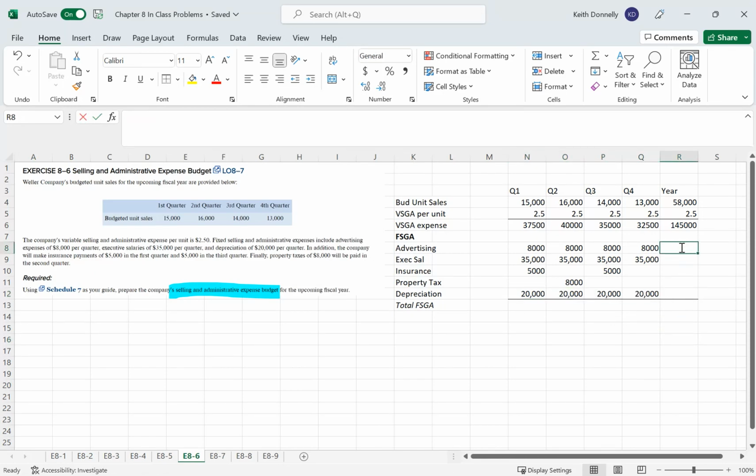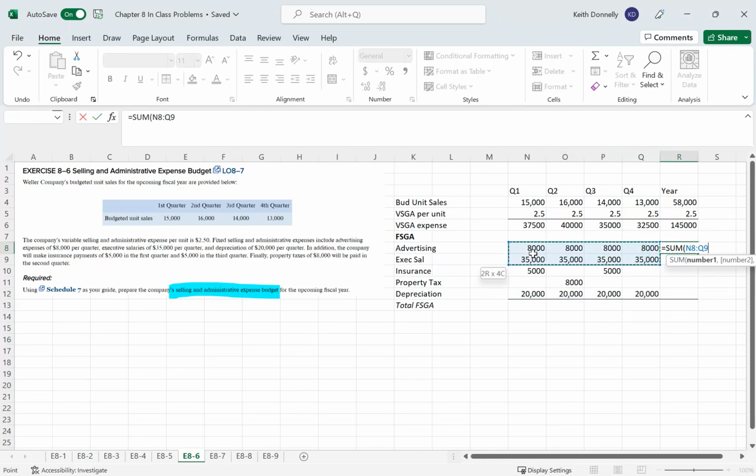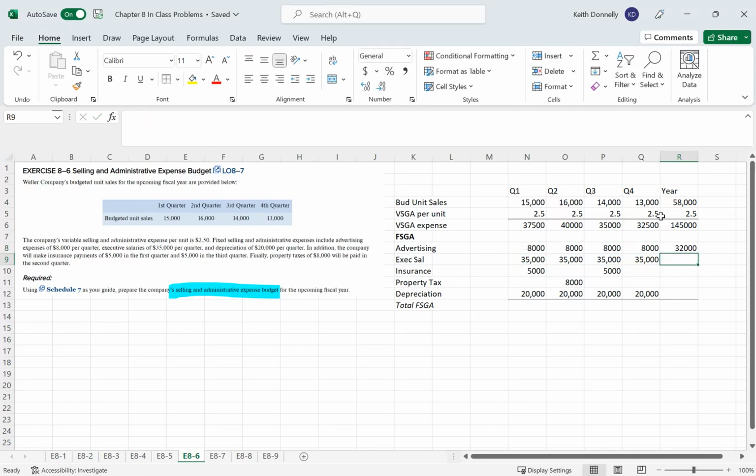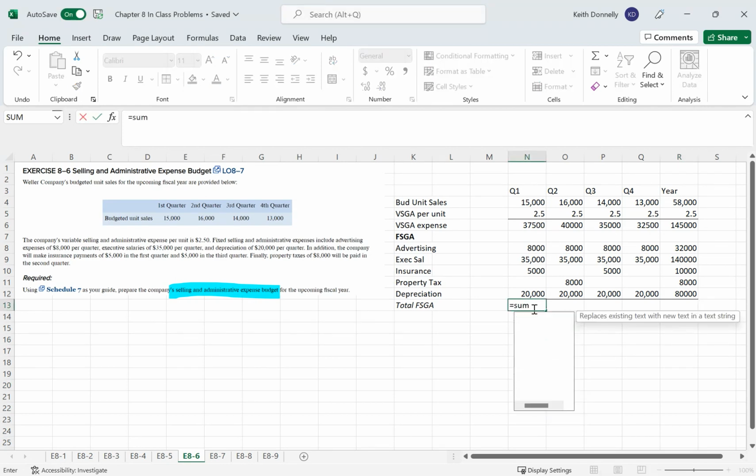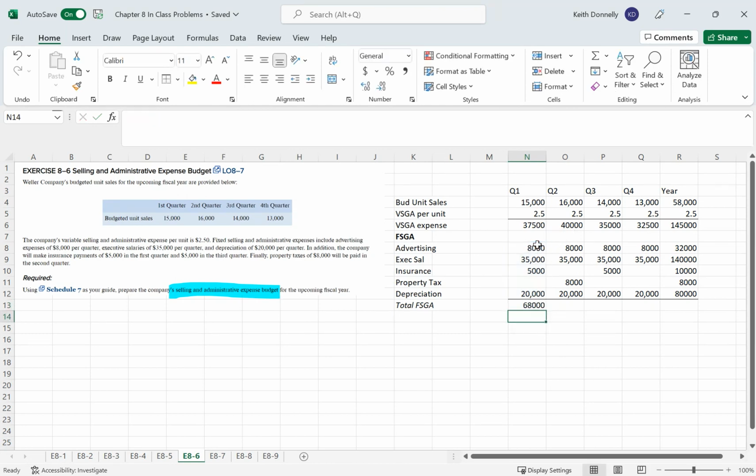Now let's sum these to get the total amount. We're looking at 32, 140, 10, 8, and 80. If we add these up here, 68,000, we'll just carry this across, 71, 68, 63, 62, 70.